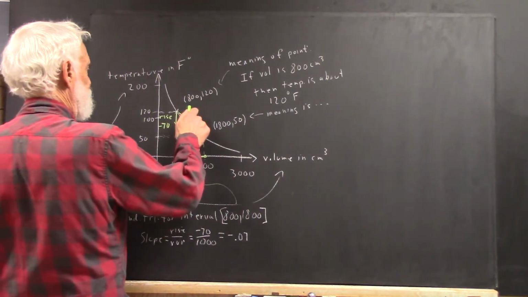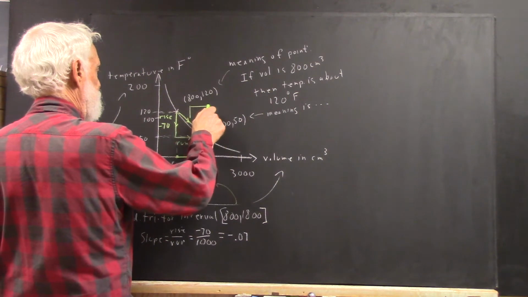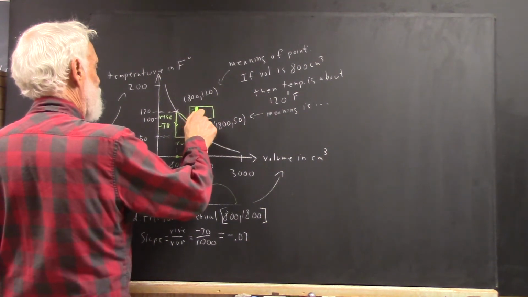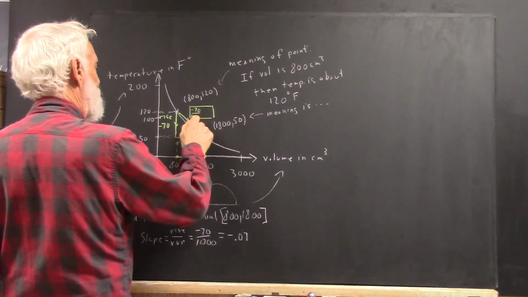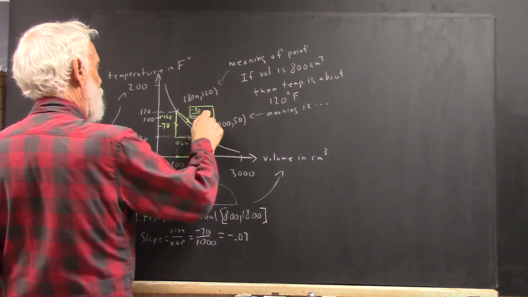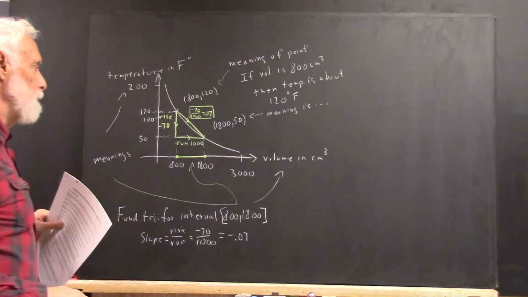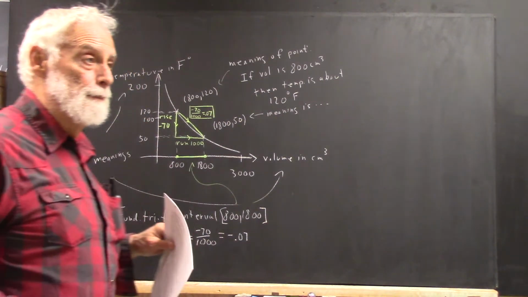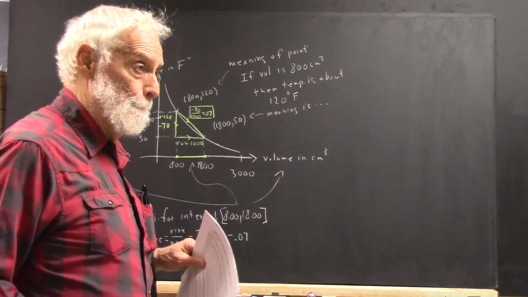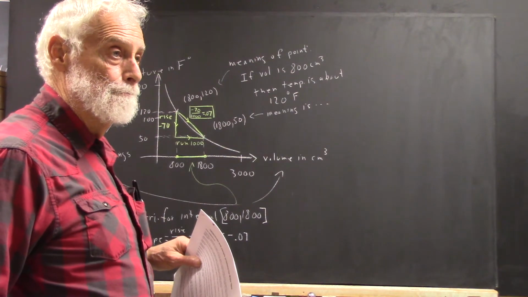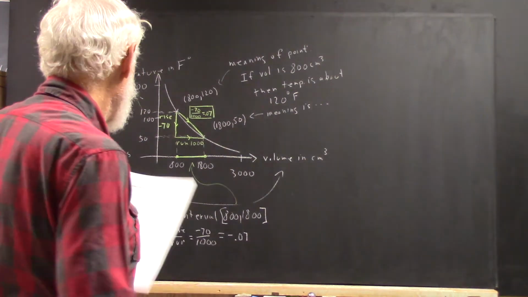So, negative 70 over 1,000, but then I'll also do a decimal equivalent or maybe a decimal approximation. Make sense? So what does that mean?